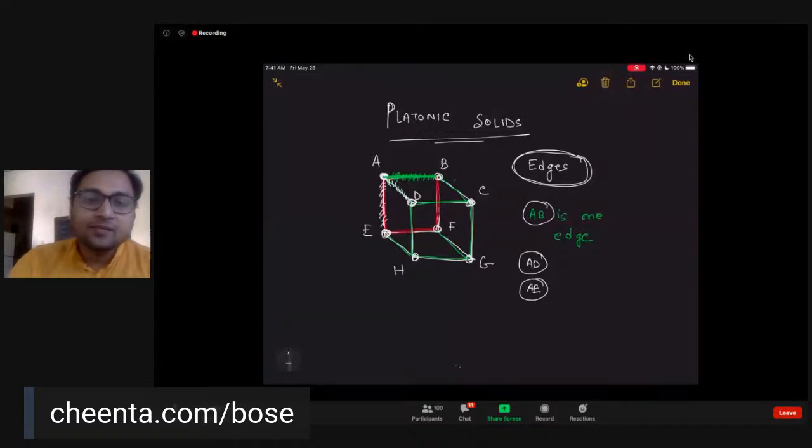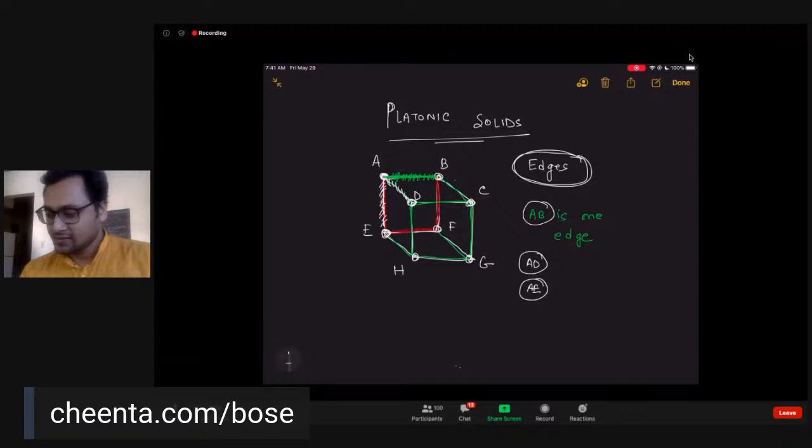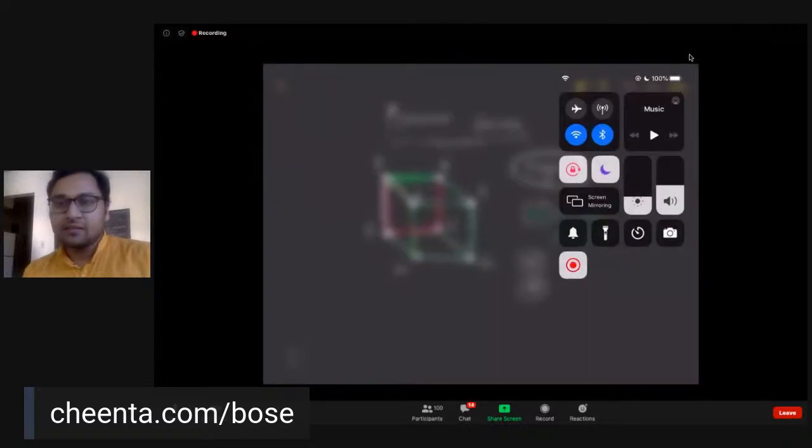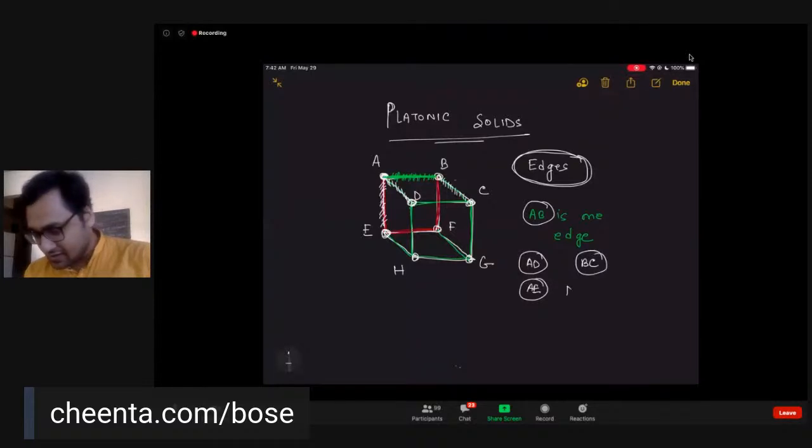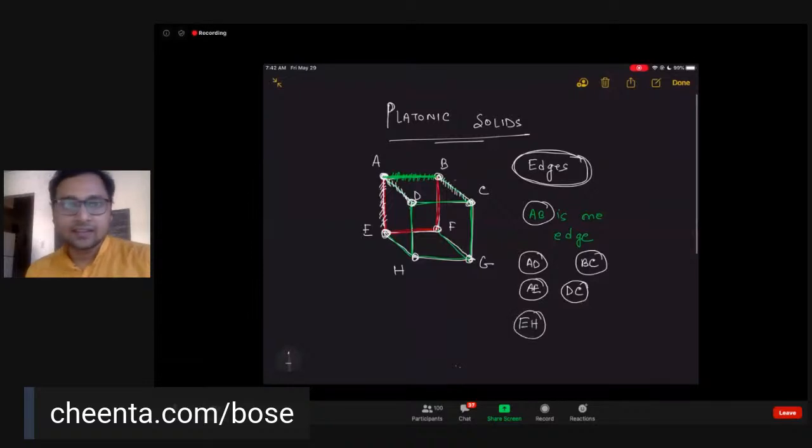Can you give me the names of the other edges? Okay, so I'm seeing BC, right? I am seeing DC. That's correct. I am seeing EH. Okay, EH is there. That's great.